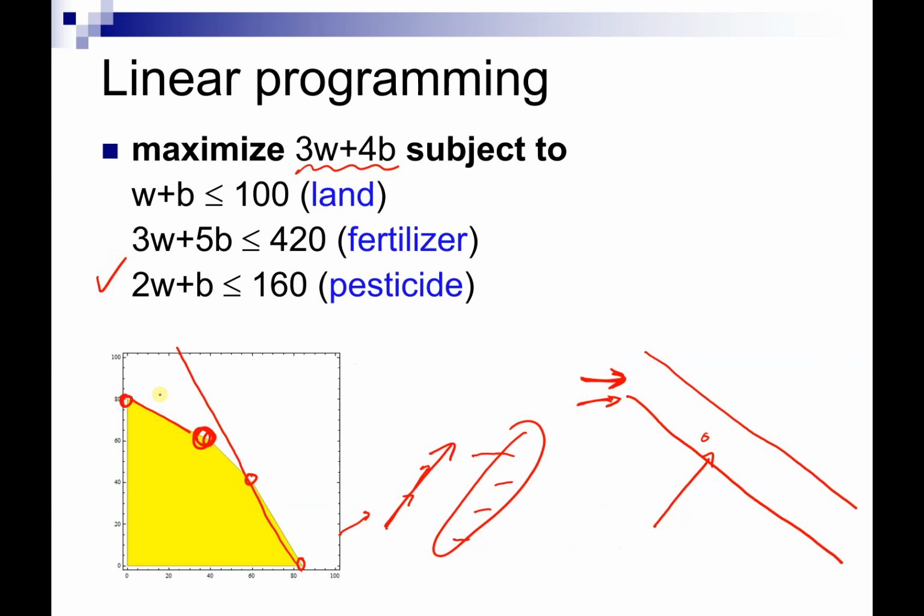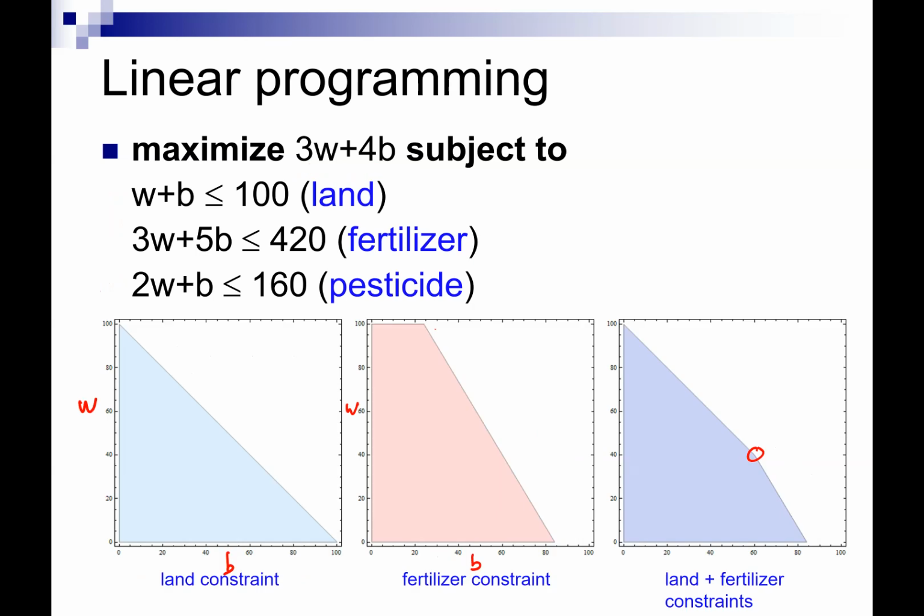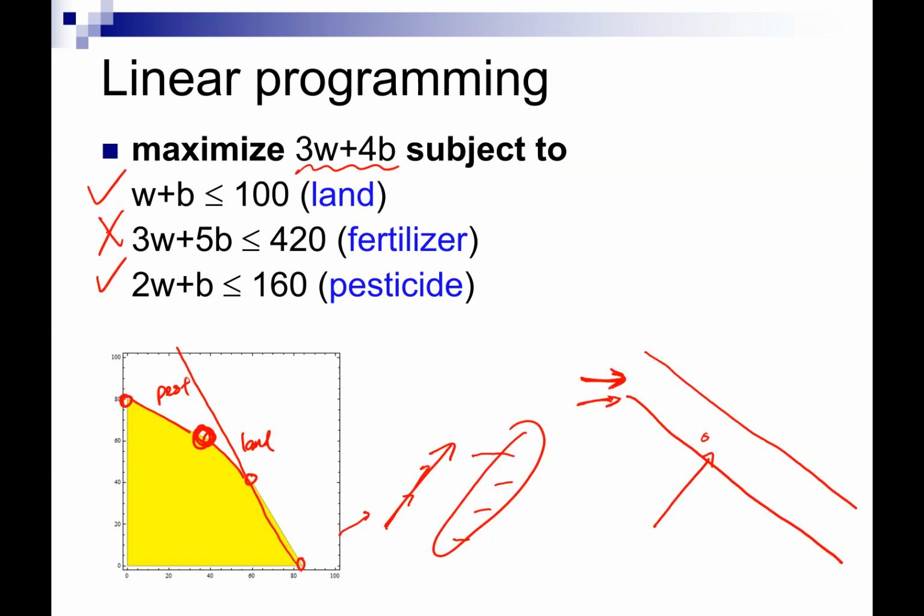So here you have the pesticide constraint, and here you have the land constraint. So it's actually formed by these 2 constraints. We could have removed the fertilizer constraint, and that would not change this extreme point over here. We can take this fertilizer constraint out. This is the fertilizer constraint.